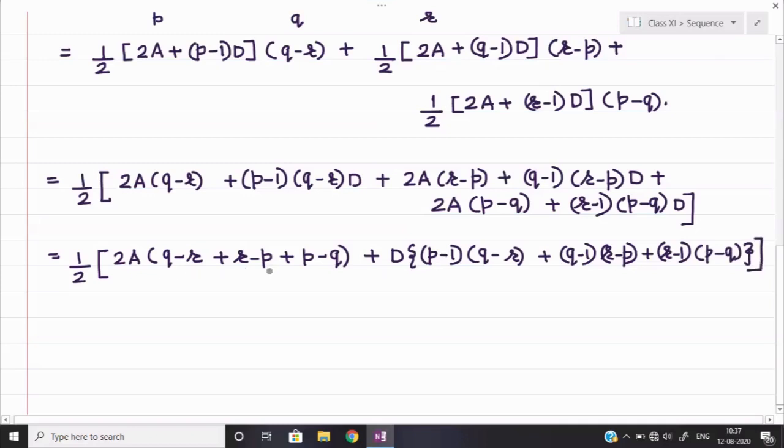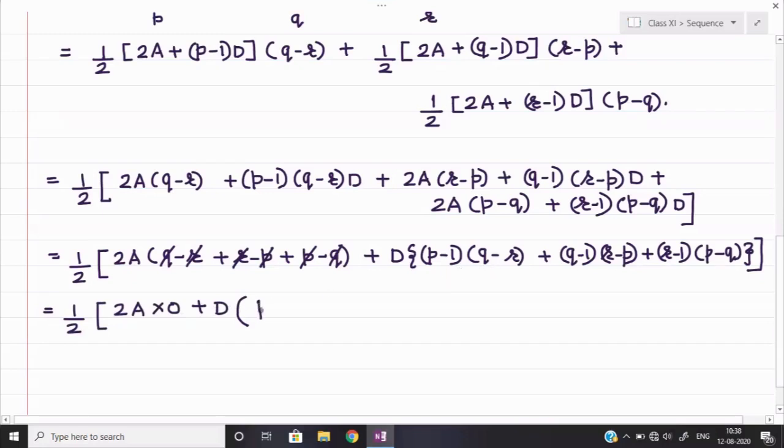Now observe in this bracket R and R are cancelled, P and P are cancelled, and Q and Q are also cancelled. So what is remaining here? 1 upon 2 into bracket 2A into 0 plus D into the bracket. Now I am multiplying the two brackets over here.